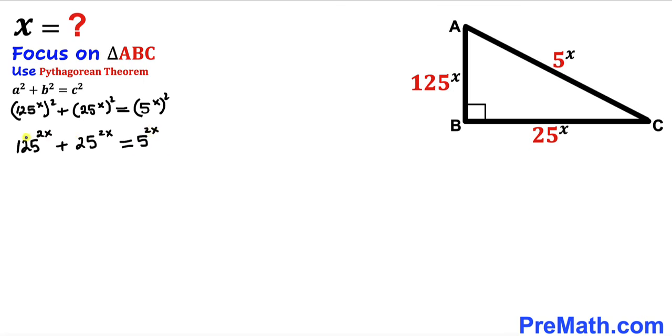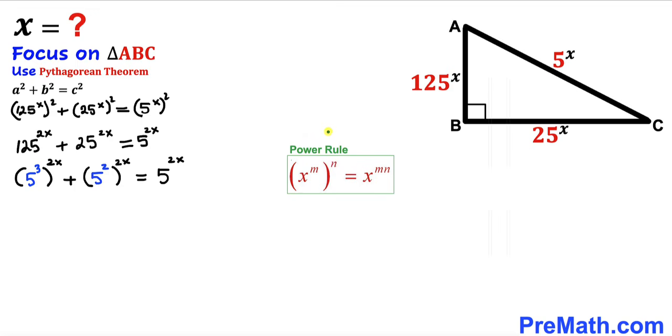And now let's make an observation. We can see 125 can be written as 5^3. Likewise, 25 can be written as 5^2. As you can see in this next step, I have replaced 125 by 5^3 and 25 by 5^2. Now let's recall the power rule of exponents once again.